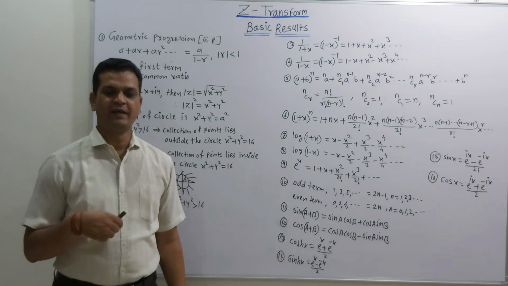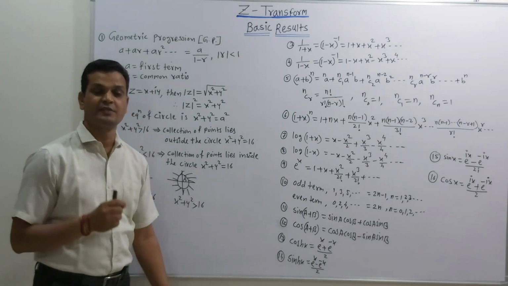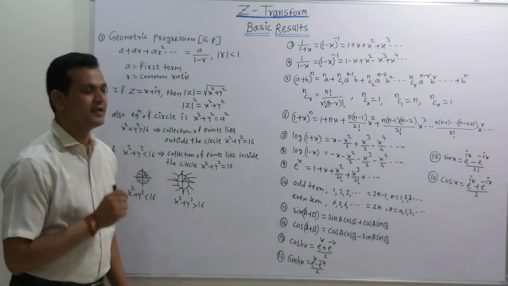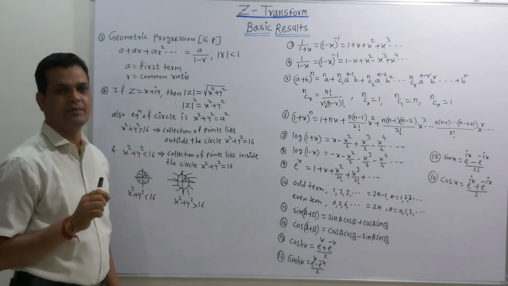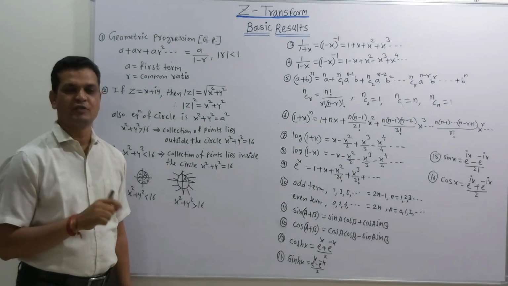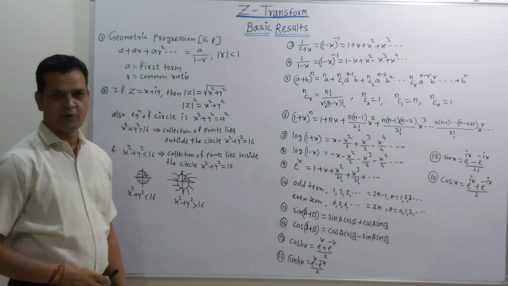Now friends, after the concept of sequence, let's learn some more results related to Z transformation. The next result is very important for solving examples based on Z transformation. This concept is geometric progression.